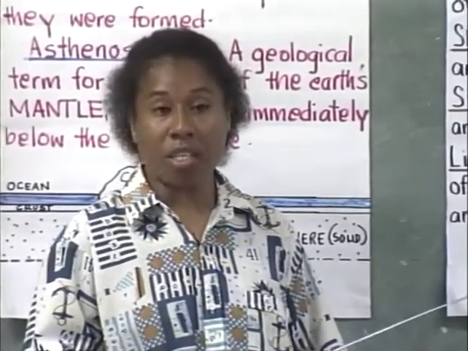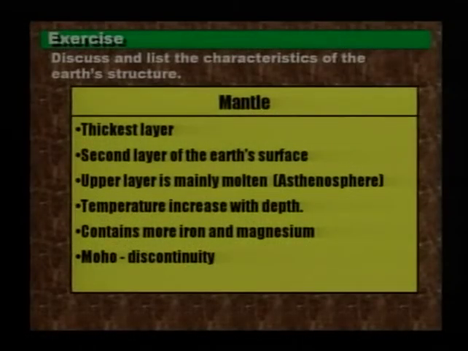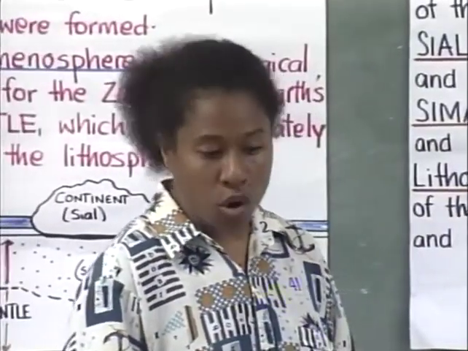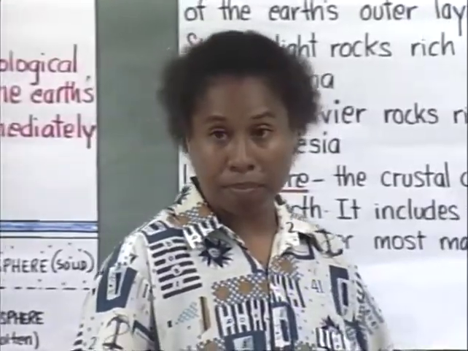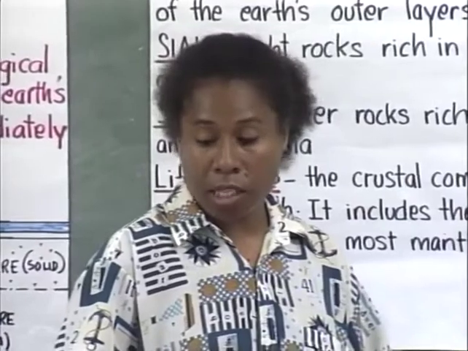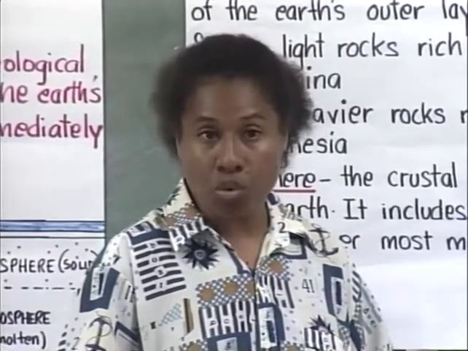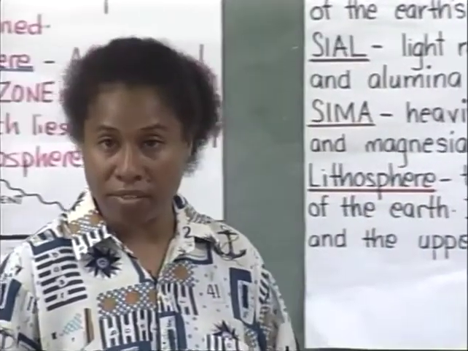Temperature increases with depth. We've explained that already. It contains more iron and magnesium compared to the crust. Another feature included there, which you could also have picked up from the monitor yesterday, is the Moho discontinuity. This feature has mainly to do with earthquake waves.